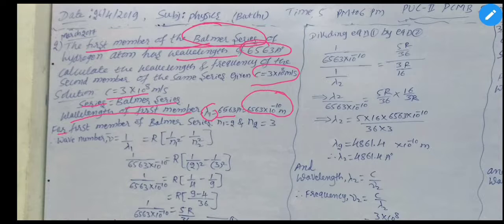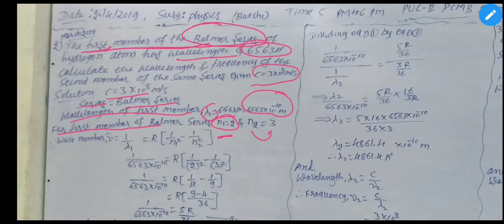For the Balmer series, n1 value is 2 of course, but for the first member, n2 value becomes 3.